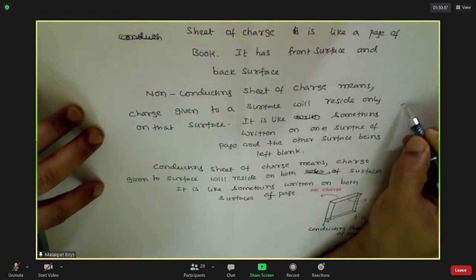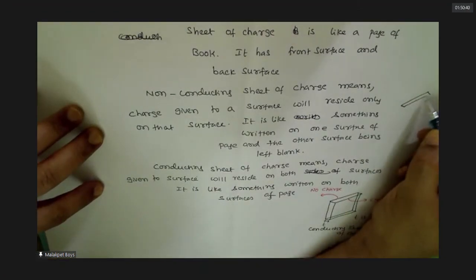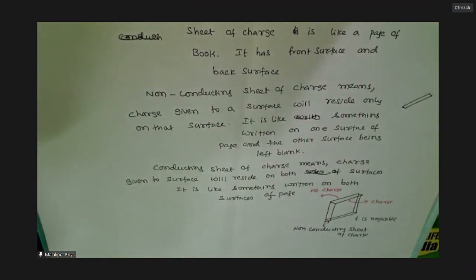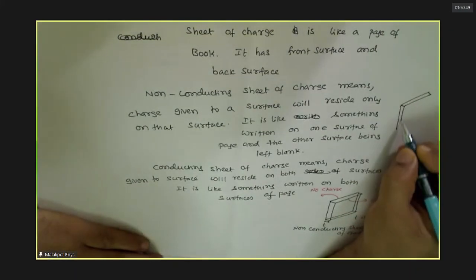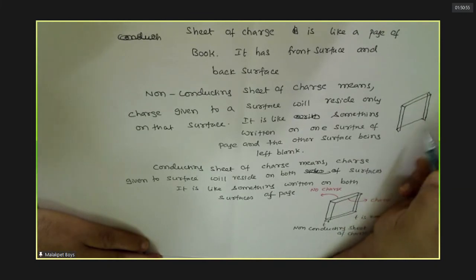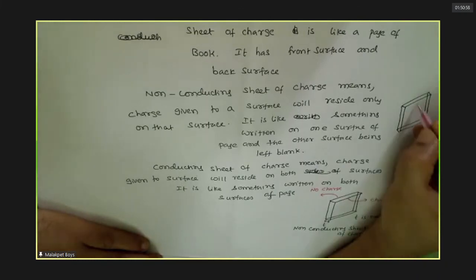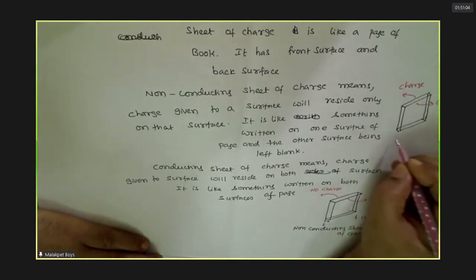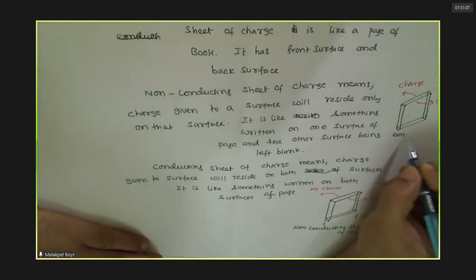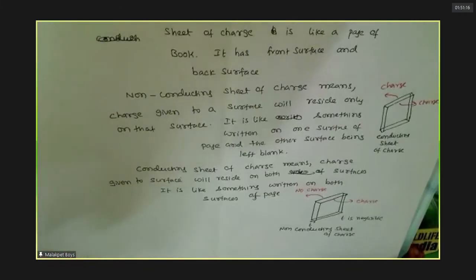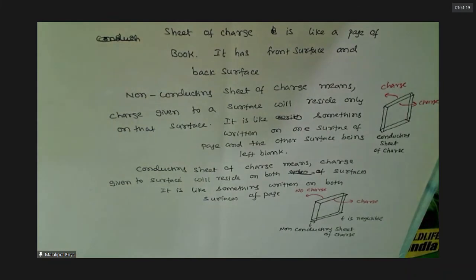Non-conducting also same story. So conducting means any charge you give goes on both sides. Like blotting paper. You know that, no? This is charge. This is also charge. This is a conducting sheet. Is it clear?